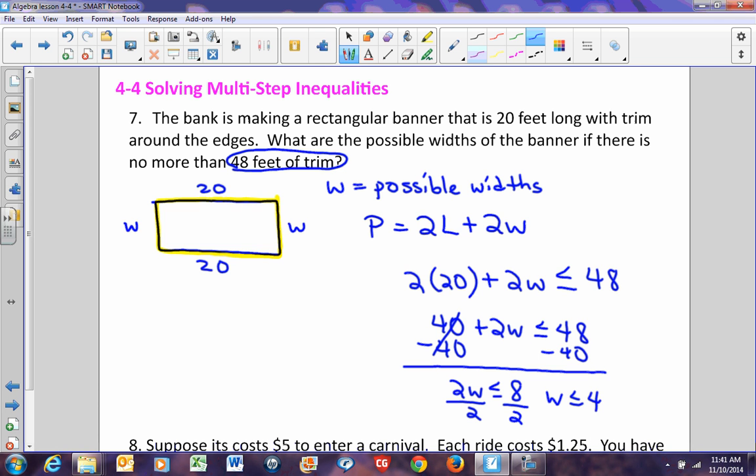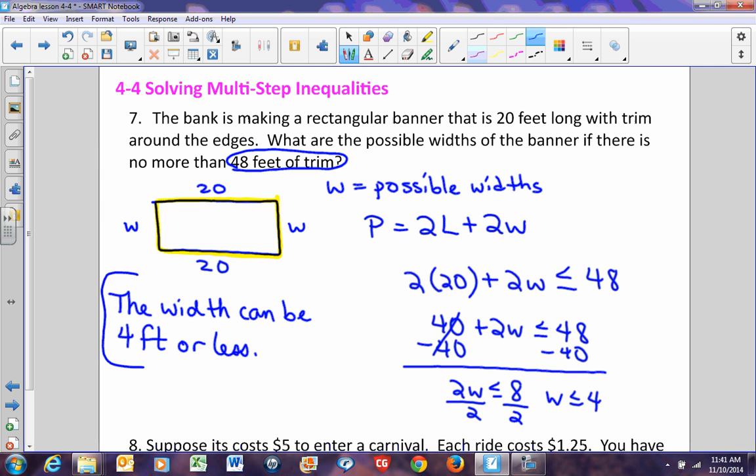My width can be 4 feet or less. So those are all my possible widths, 4 feet or less. So 3.99 feet, 3.98 feet, 3.9 feet, 3.87 feet. Any of those would work. So anything 4 feet or less would work.